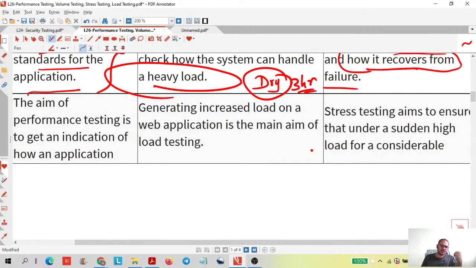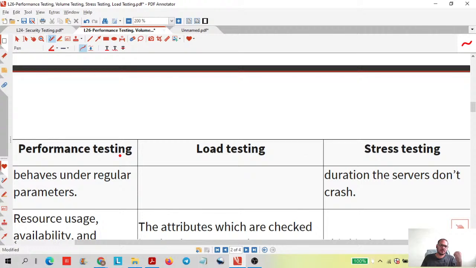The main goal of performance testing is to get an indication of how an application behaves under the regular parameters. Regular parameters means normal.